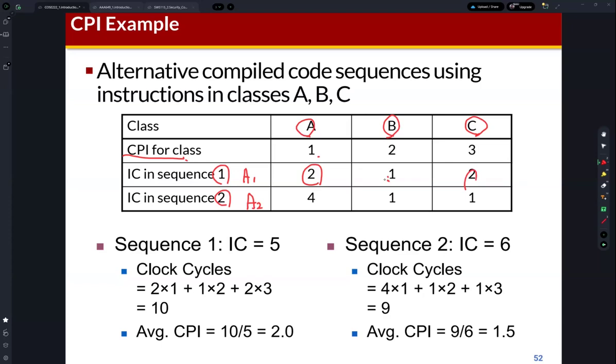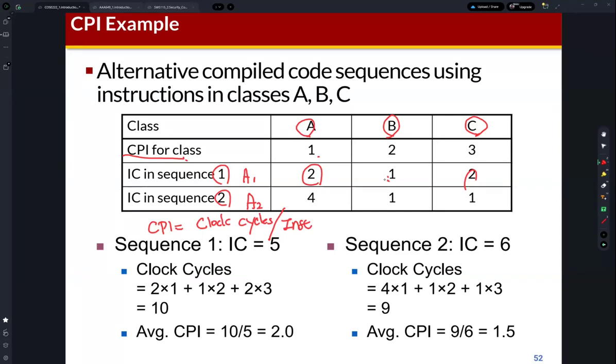Then how can we calculate the average CPI? It's simple, right? Because what is the CPI? CPI is the clock cycles per instruction.